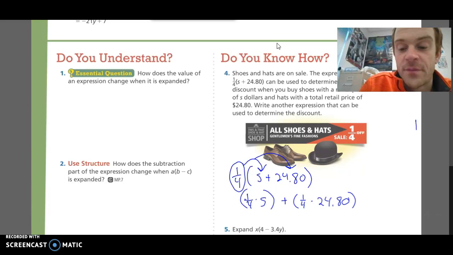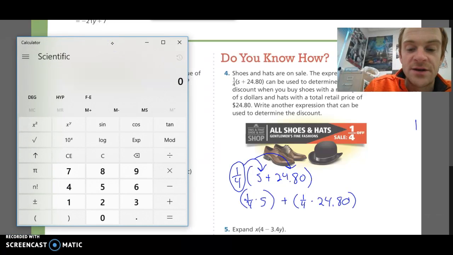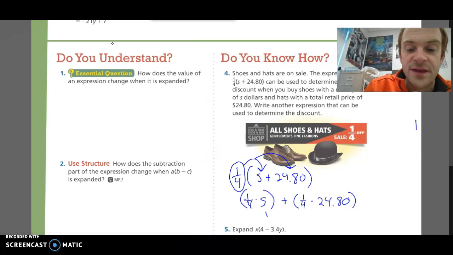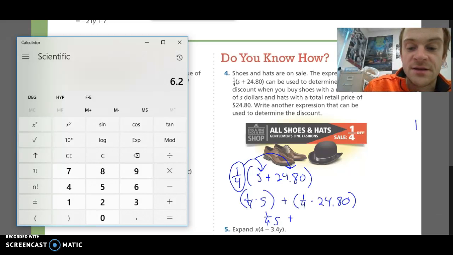24.80. Okay, and so now the last step is I'm just going to use my calculator or my knowledge to do that. And so if I pull up my handy dandy calculator here, I know that 1/4 times s, well, that doesn't change. It's actually just 1/4 s. And then I use my calculator. Well, what's 1/4, which is 0.25, times 24.8? 6.2.